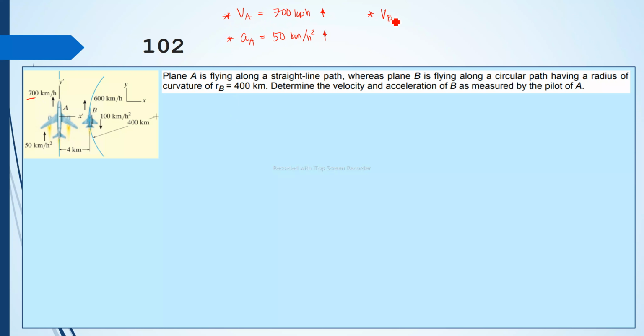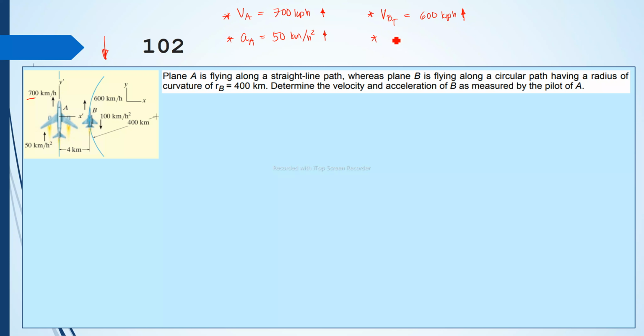The velocity of B at this specific instant, since plane B is moving in a circular path, as you can see in the picture here, is the tangential velocity of B, which is equal to 600 kilometers per hour.